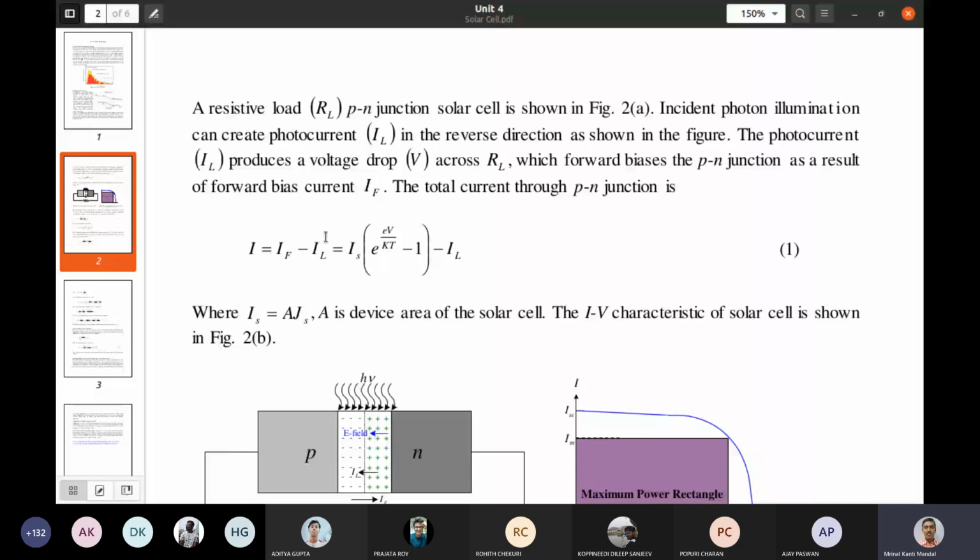Short circuit current ISC is equal to IL, that is the photo current.